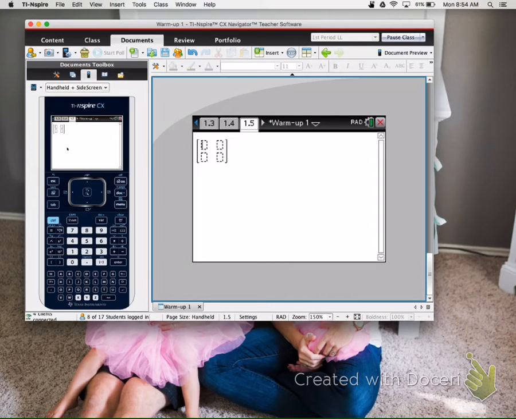And right now I'm just simply going to tell it what matrix A is. We said that was 1, 1, 2, 1. Now we also have to tell it a name. To tell it a name, we're going to use the store button, which is right around the same spot. It's this one that says variable. Right above it, if you see in blue, it says STO.